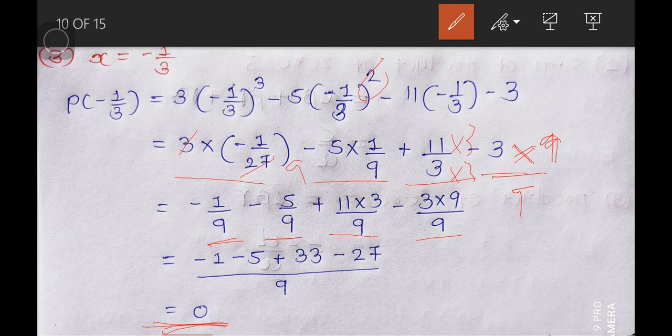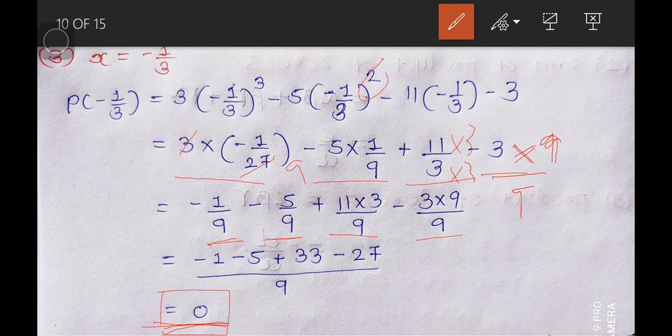So here at last we know that if the denominators of all terms are equal, we can put only one denominator for the terms. So here minus 1 minus 5 plus 33 minus 27 divided by 9, and at last we evaluate, then we get it is equal to 0.